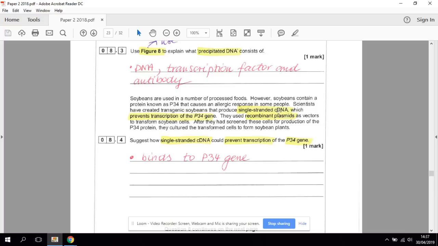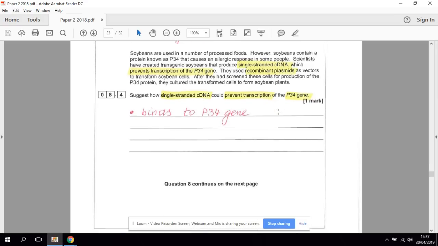They use a recombinant plasmid, so the plasmid that has the DNA of your interest and the plasmid's DNA, to transform soya bean cells. The question is to suggest how single-stranded cDNA could prevent this. Well, it's single-stranded, so it can bind to the gene, and doing so, it will prevent transcription, so the gene cannot act as a template for transcription to take place.